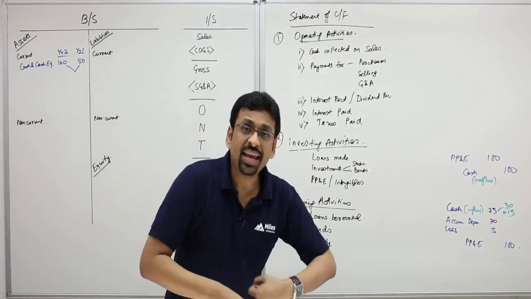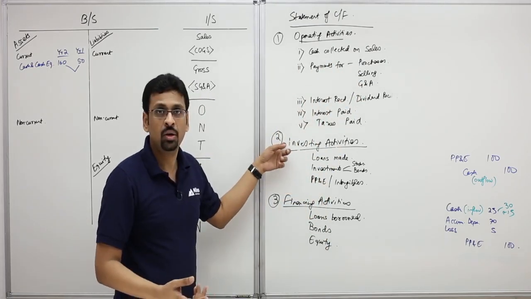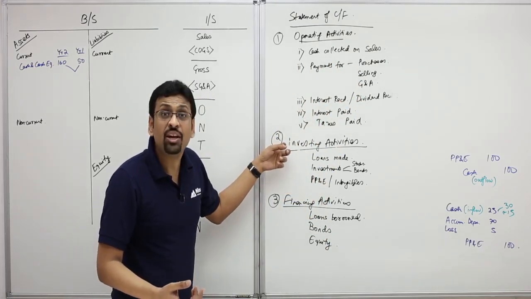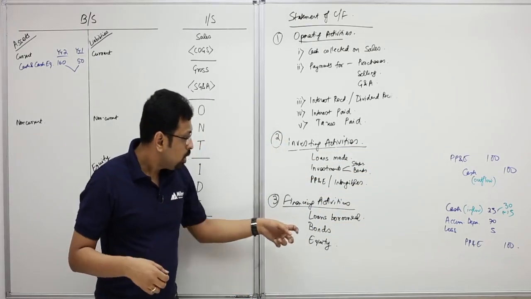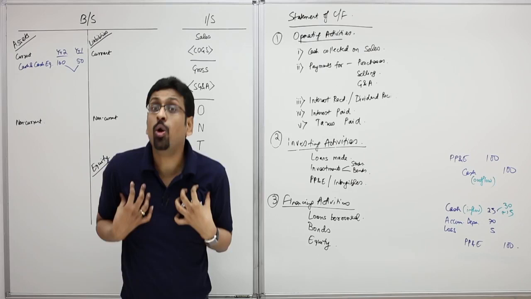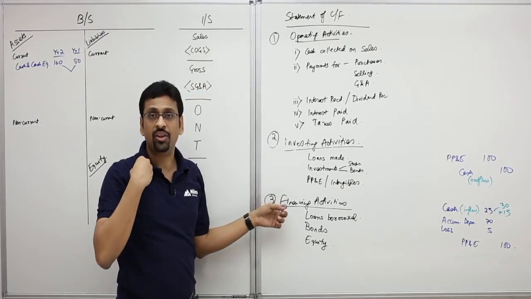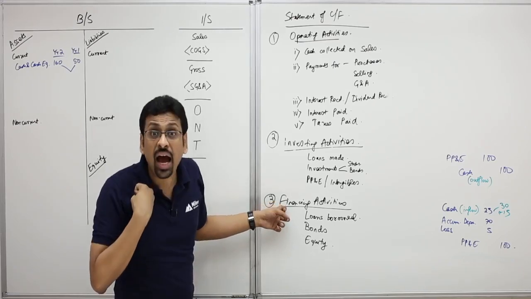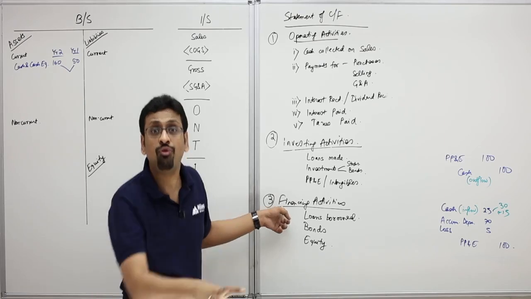When I make investments in somebody else, that's a cash outflow from investing. When I sell off the investment, that's a cash inflow from investing. When I issue my own bonds, that's a cash inflow from financing. When I retire my bonds, when I pay them off at maturity, that's a cash outflow from financing.